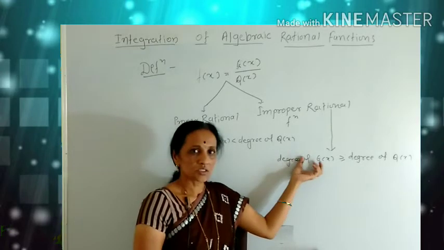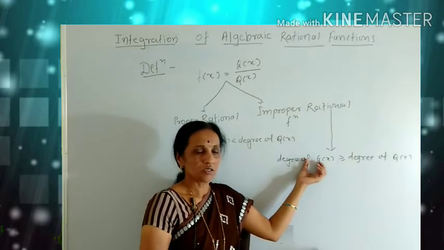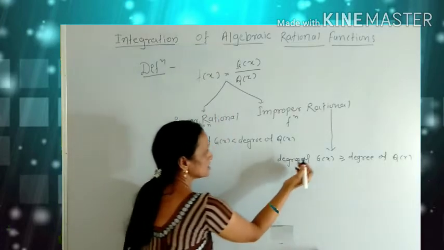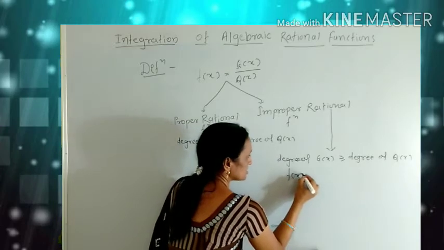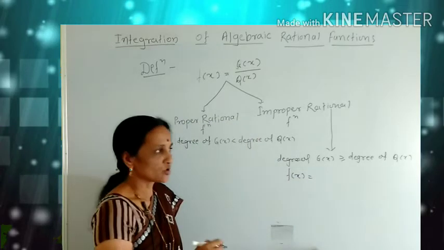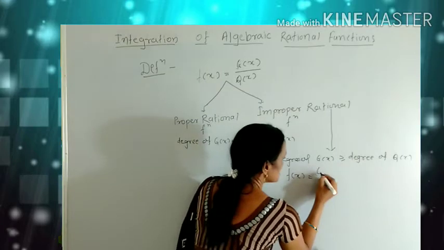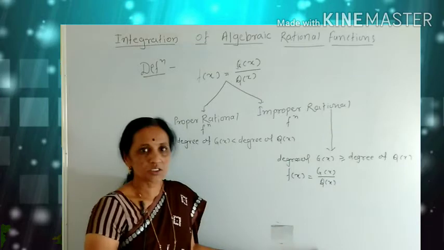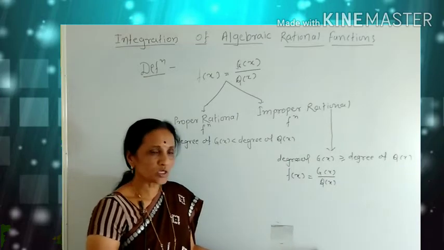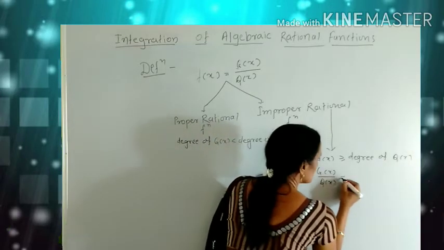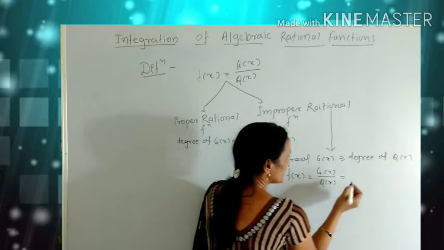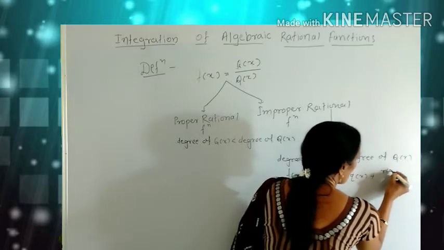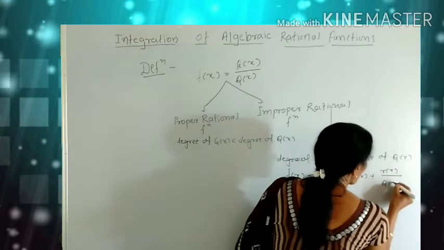So for such cases we directly divide g(x) by q(x). Your rational function is f(x) equal to g(x) divided by q(x), but if the degree of g(x) is greater than or equal to the degree of q(x), we write this as, suppose, q(x) plus r(x) divided by Q(x).